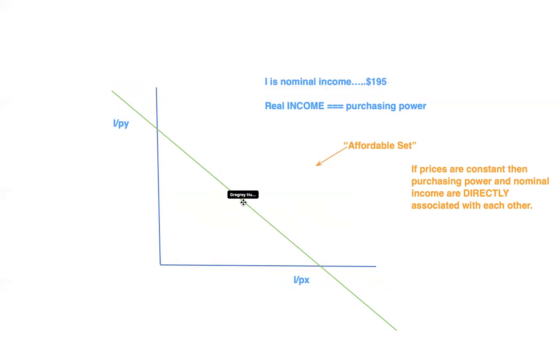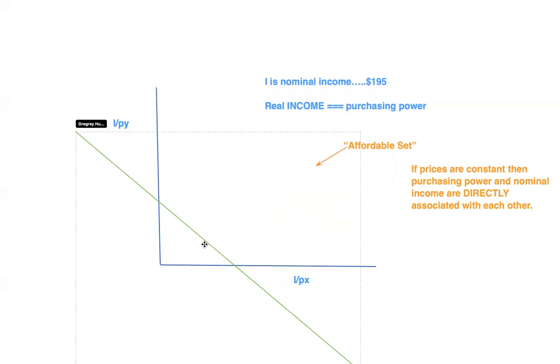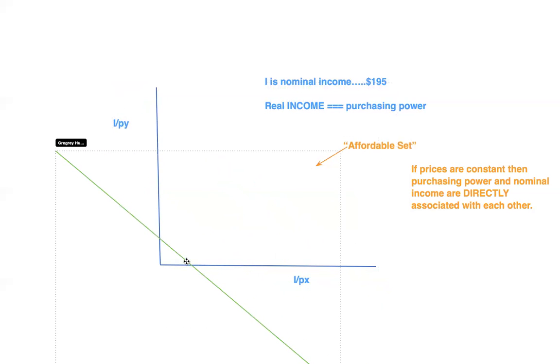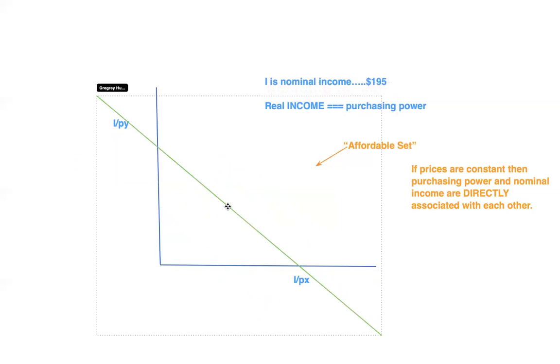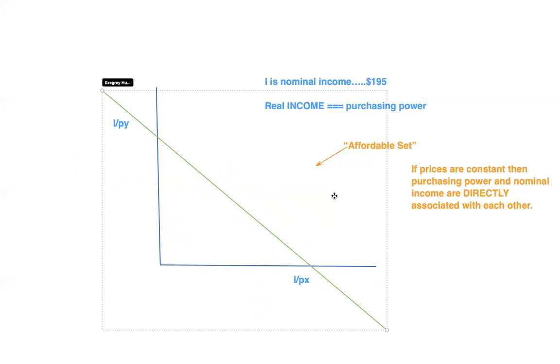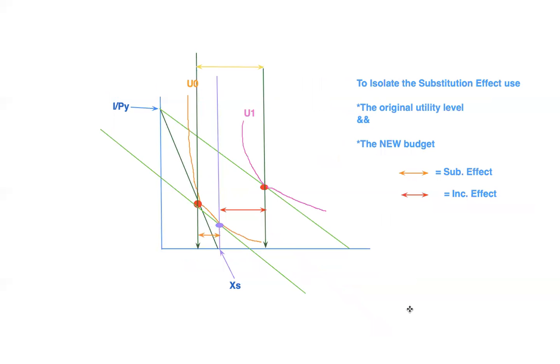If all of the prices increase while holding nominal income constant, at the same rate, we're going to get this parallel shift inward of our budget line, right? Mm-hmm.